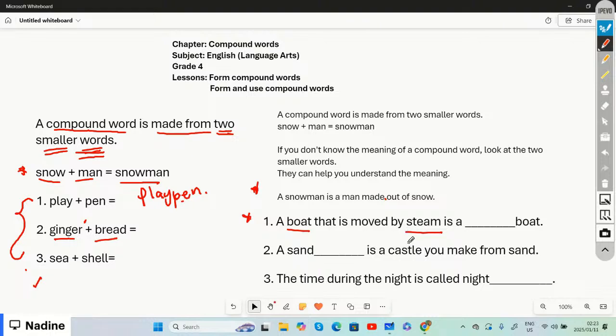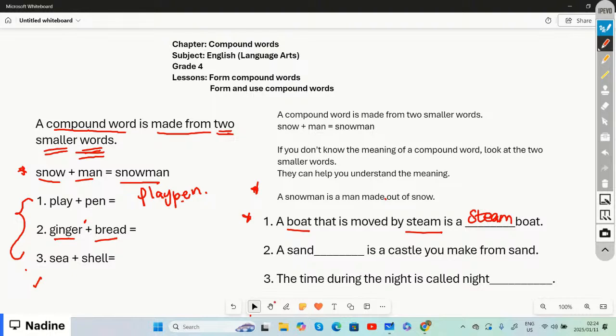So a boat that moved by steam is a what kind of boat? All right, so we can say a boat that is moved by steam is a steamboat.